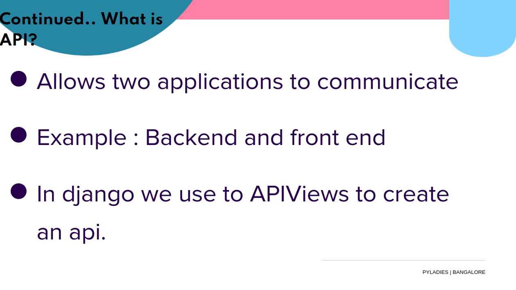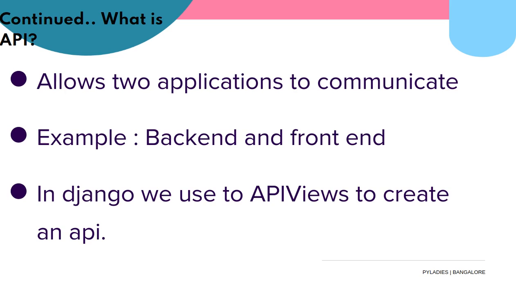Now if I want to order something, will I directly go to the kitchen and order and come back? Definitely not. That's where the waiter is going to act as the API, the interface between the customer, us, and the chef in the kitchen. Whatever we say to him, he will go say to the chef, and in turn the chef will give the cooked food, which will be delivered to us by the waiter.